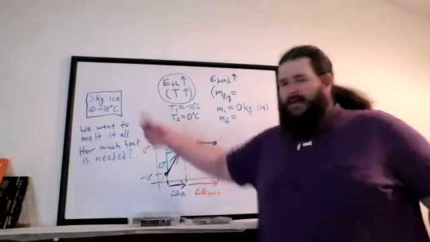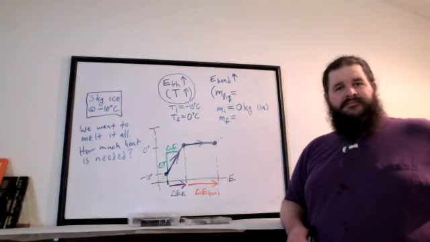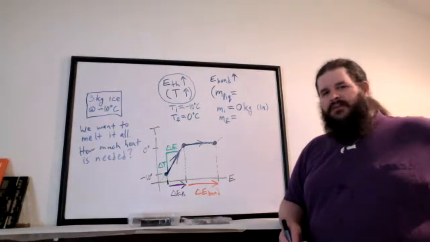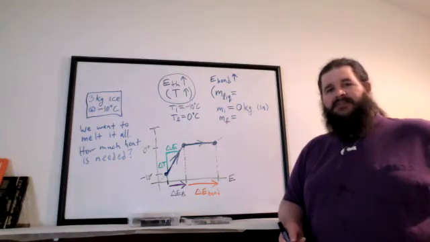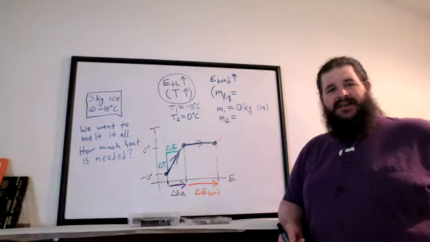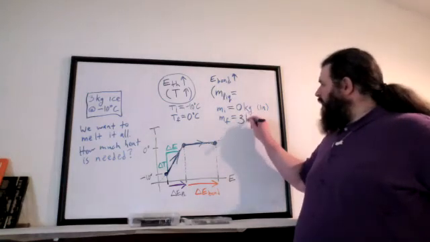And assuming it all melts, how much liquid do we end with? 100% liquid. It is 100%, but I think it would be more useful to write it as an actual numerical value of mass. How much mass? How many kilograms of liquid do we have at the end? 3. Yes, we end with 3 kilograms of liquid.